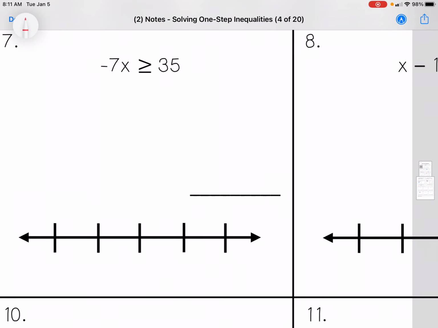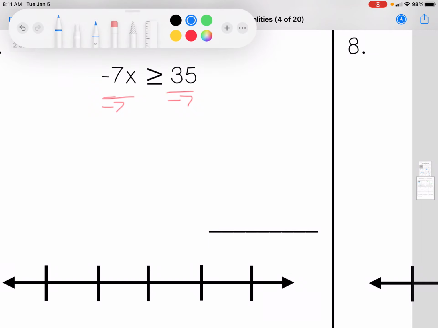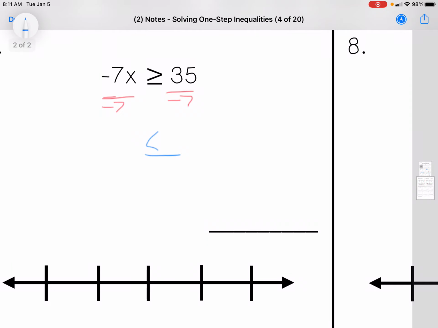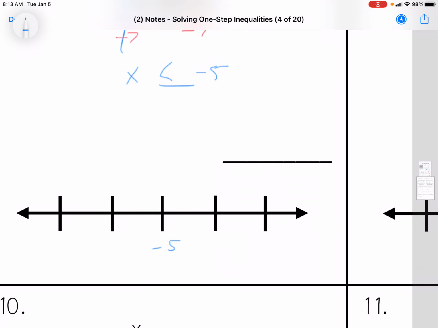You're going to divide by a -7 right here. Alert, alert, you divided across the line by a negative. What happens? You flip the sign. Those go away, you're left with x equals -5. Let's graph that.